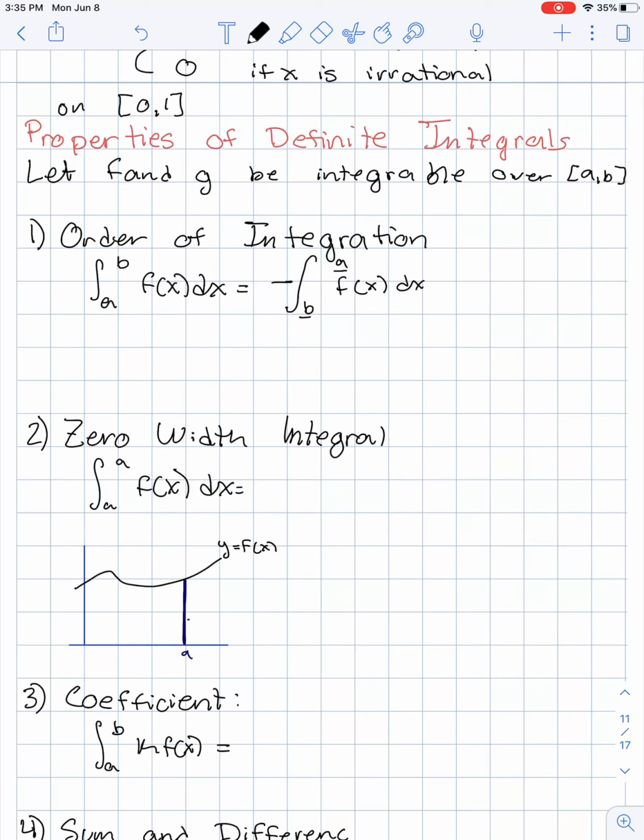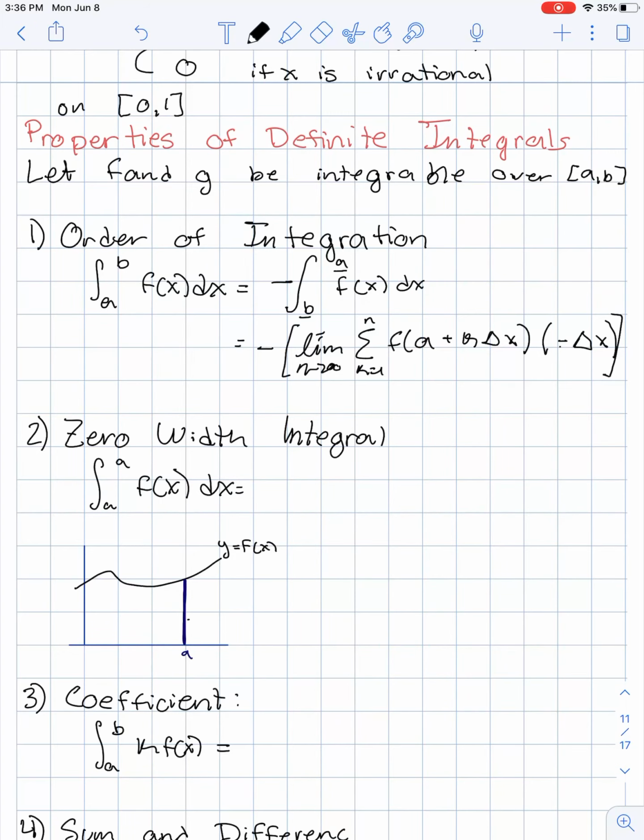So that negative stays there, and then from b to a it's going to be the limit as n goes to infinity of the Riemann sum, k equals 1 to n, f of a plus k, we'll just say times delta x right now, and since I'm going from b to a, I'm working my way back, so delta x is actually negative. That's where that negative is coming from. So that integral alone is going to be the negative version, and then we make a negative because we want the original right there.